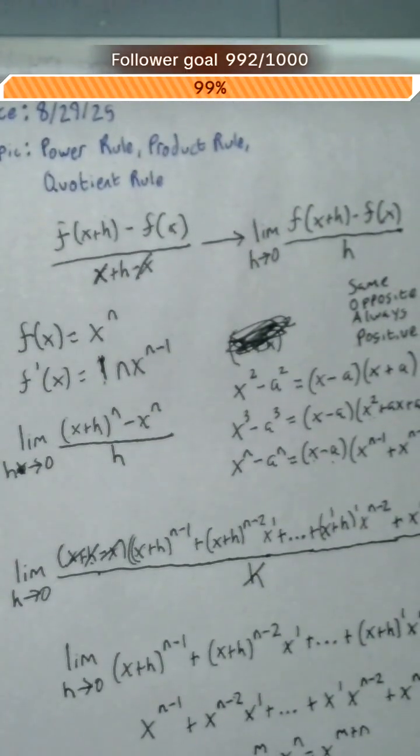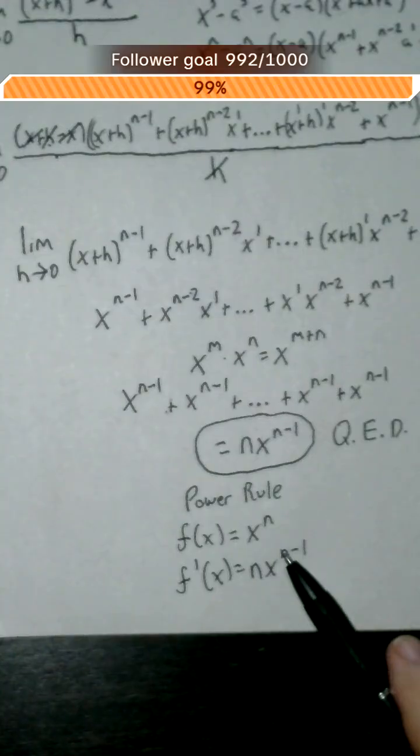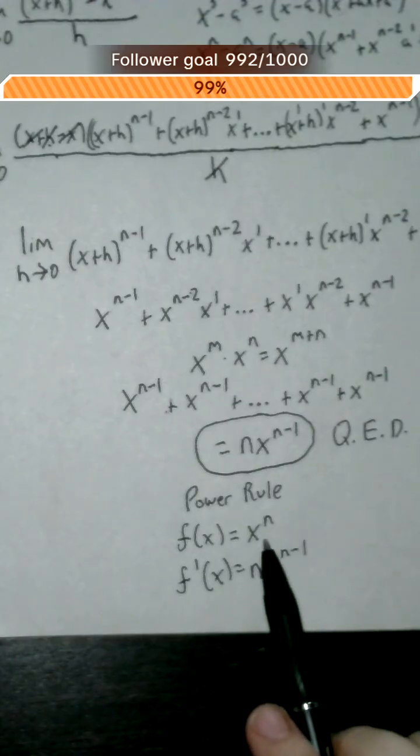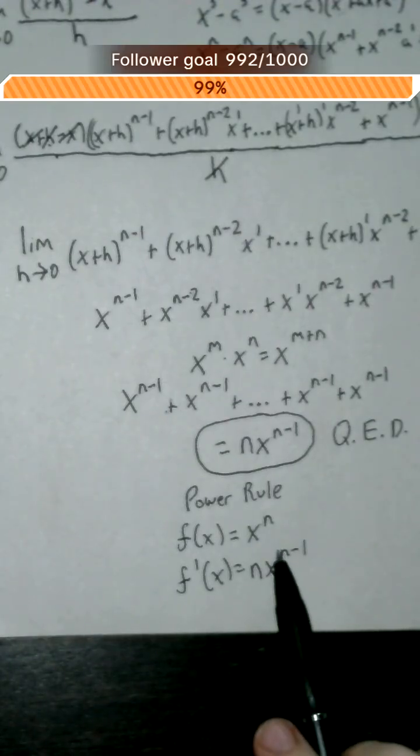If you take the n in front, why do you still have another n? Are you talking about in the exponent? Okay, so here, I'm not getting rid of this n.